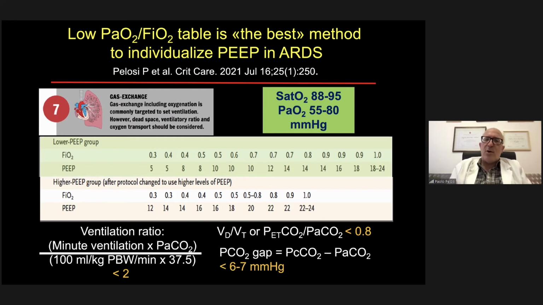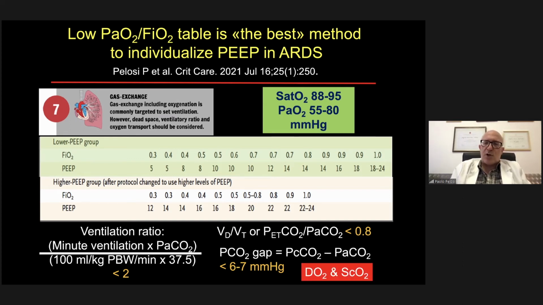And also the PCO2 gap, the difference between capillary PCO2 and arterial PCO2, below 6 to 7 millimeters of mercury. So these are some other parameters that should be considered in monitoring the evolution of the patients, and also to individualize the different parameters to minimize ventilator-induced lung injury.